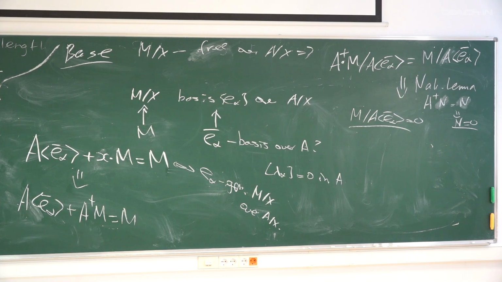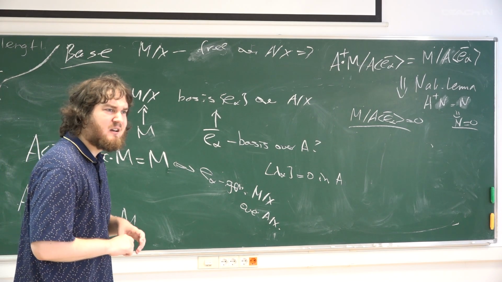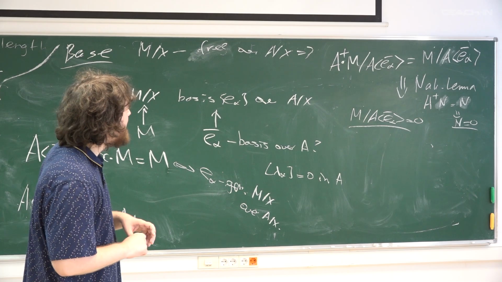I think that you can do more or less the same thing by induction on dimension. Again, by induction you have the minimal dimension, then by induction modulo x they are generated by something. You can use Nakayama lemma, for example. Okay? In our case, Nakayama lemma is pretty obvious, right?